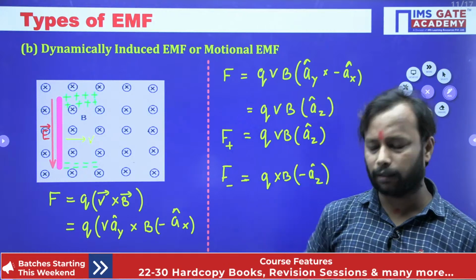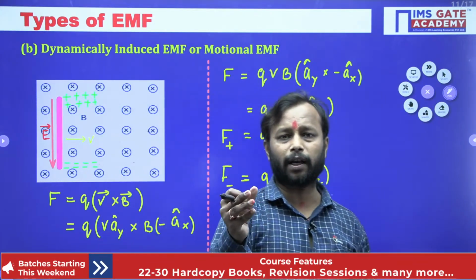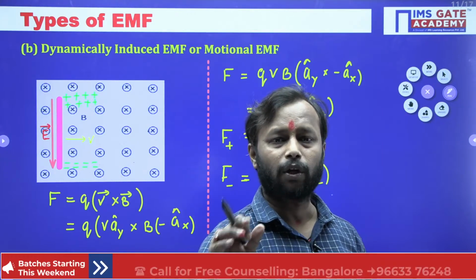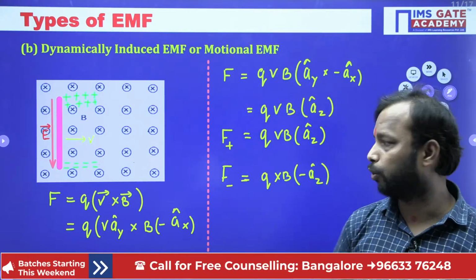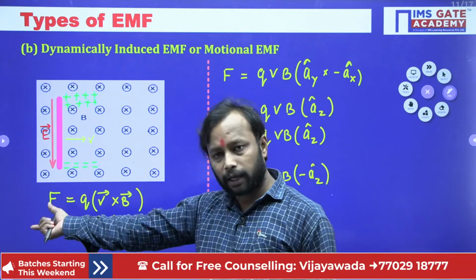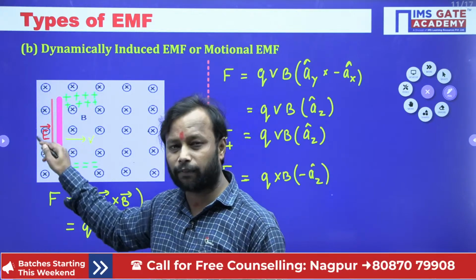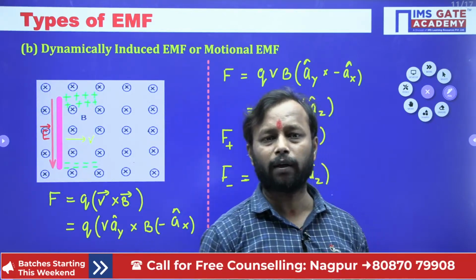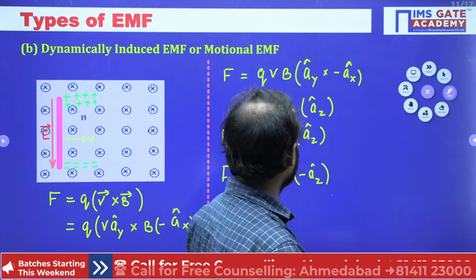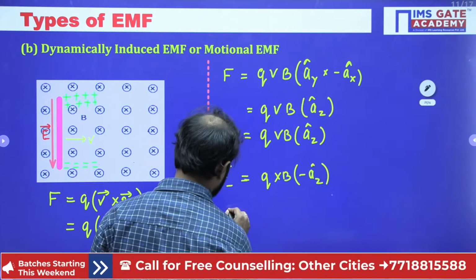We have seen in the Lorentz force equation, the force is basically QE plus Q V cross B. So the force due to the magnetic field is here. Then what will the force due to the electric field be? Since we have an electric field here, we are again going to have an electric field force. It will be given by an equation like this.